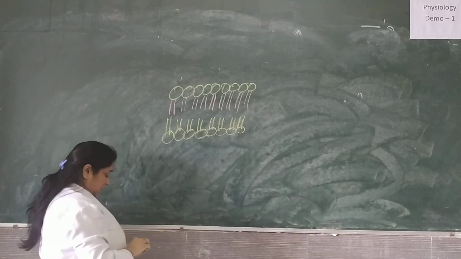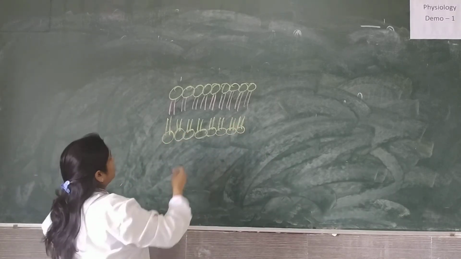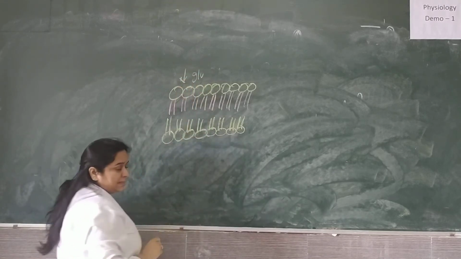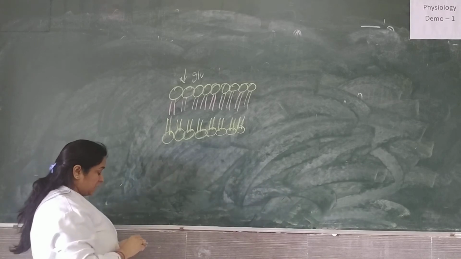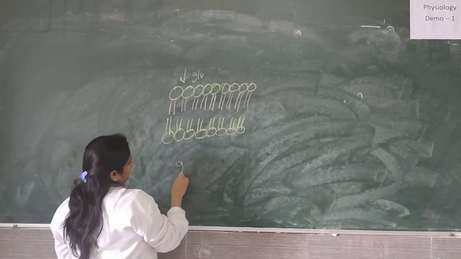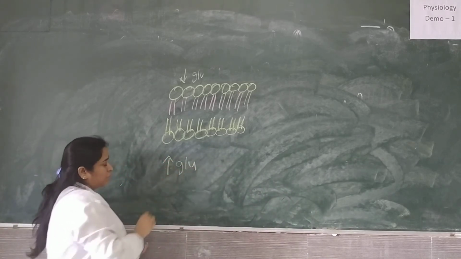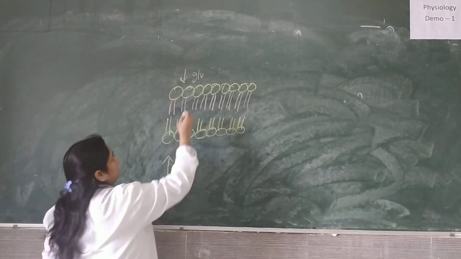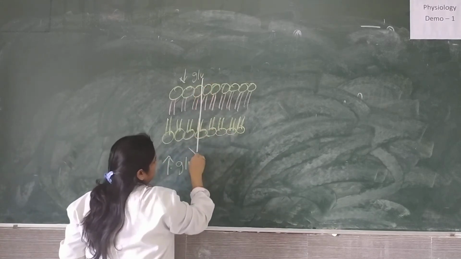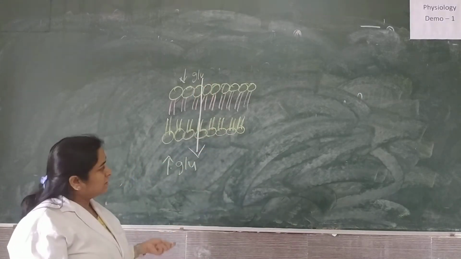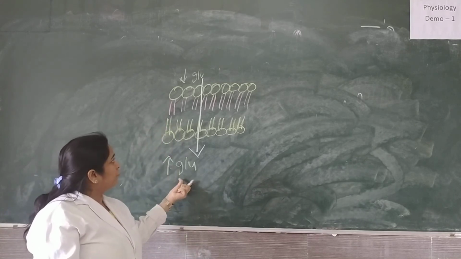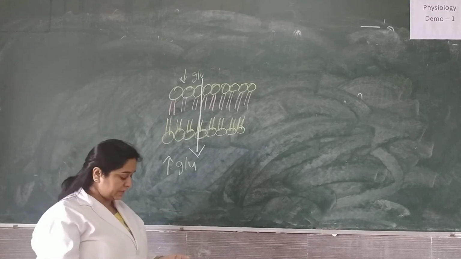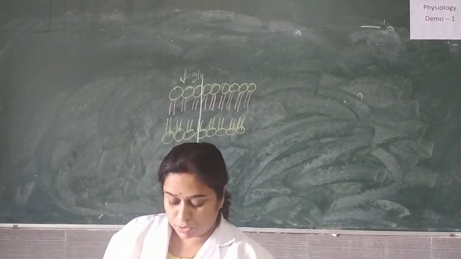Suppose towards the ECF, glucose concentration is less, and towards the ICF glucose concentration is more. So what will happen? Water will move from lower to higher concentration. In this way, the movement of water will take place in osmosis.